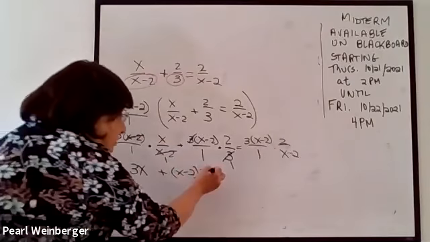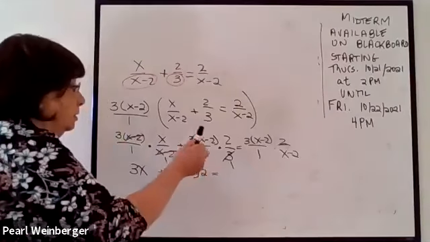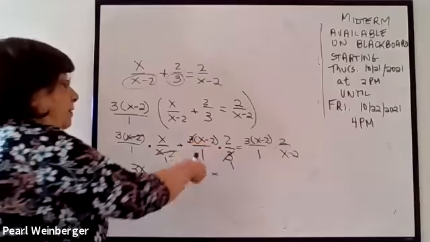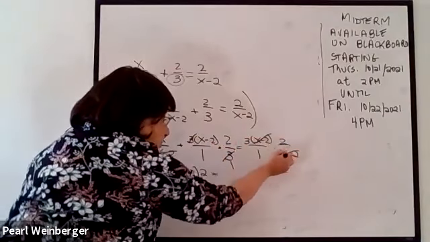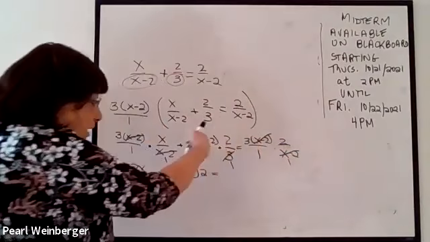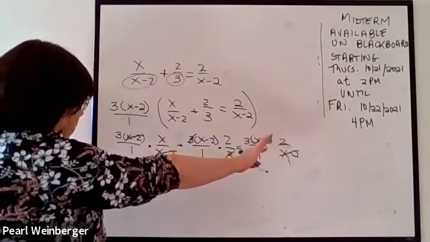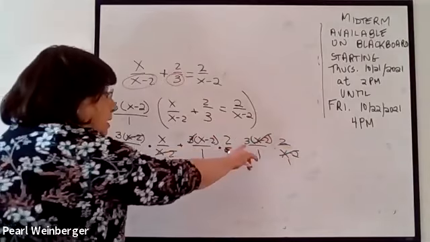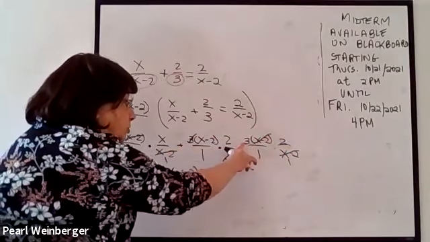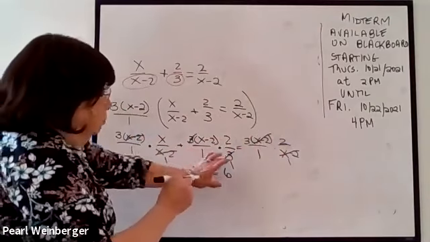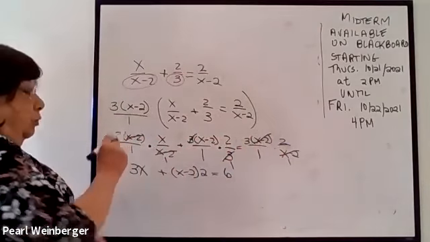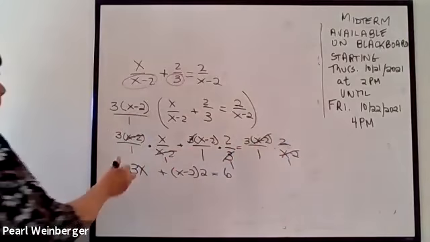And finally, on the other side of the equal sign, the x minus 2 here cancels out with the x minus 2. Do you notice how each of the denominators are now only 1, so I don't have to put them in? And what I'm left with here is just 3 times 2, which is 6. And this is a relatively easy equation to solve.